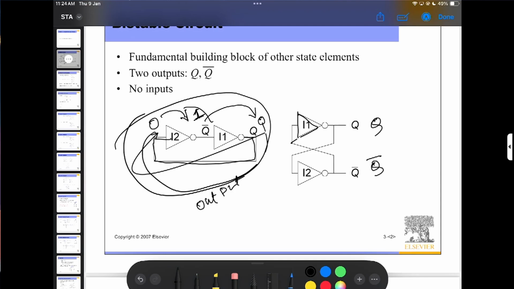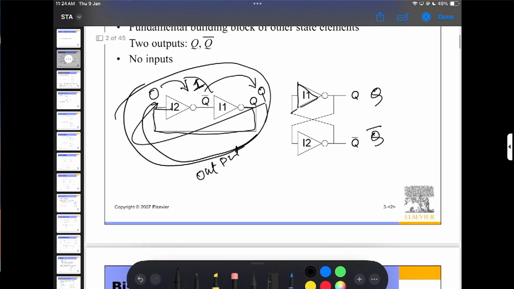And if I analyze this circuit the other way, I realize the same thing again. Suppose here is 0, then 0 goes to here and becomes 1.